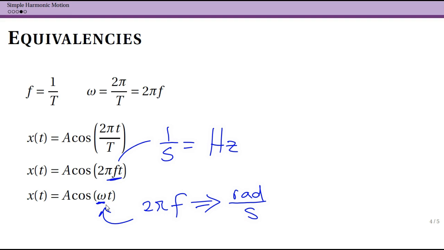And part of the reason for that is whenever you're actually working in an experimental situation with this, f is typically the thing that you work with. So mathematically, omega is easier to work with because you just have fewer other numbers hanging out, but f is actually simpler. So remember that omega has different units. If you talk about omega in hertz, you're incorrect.